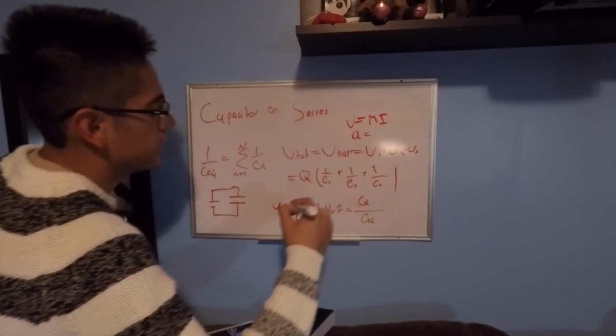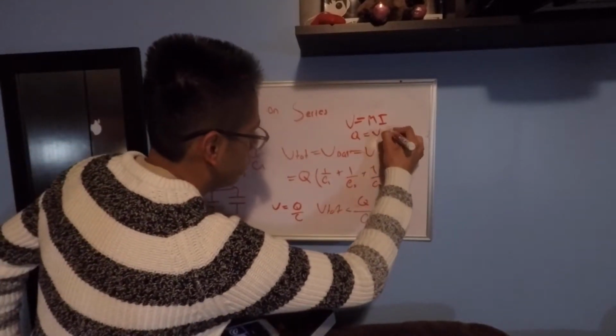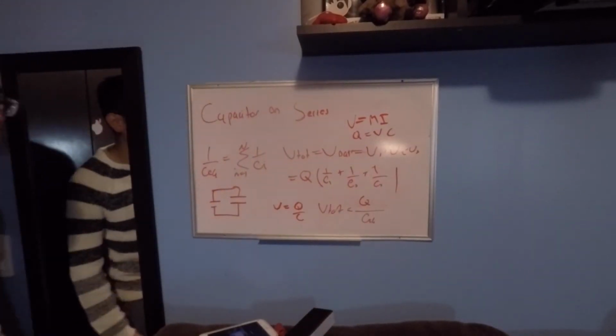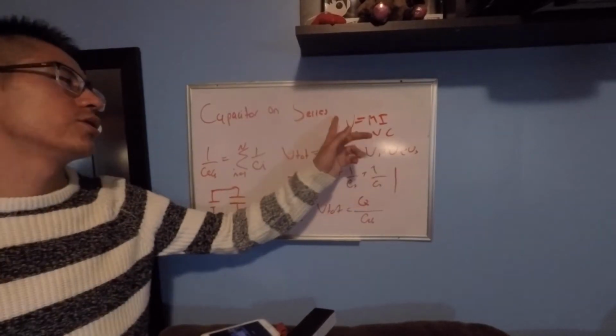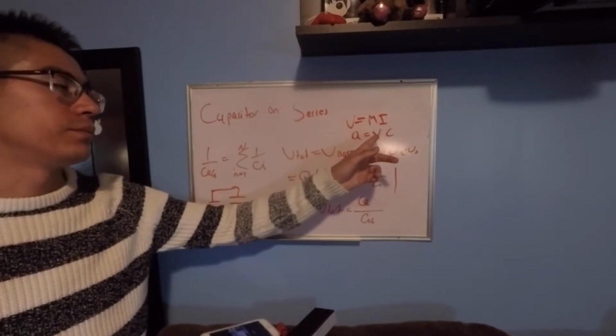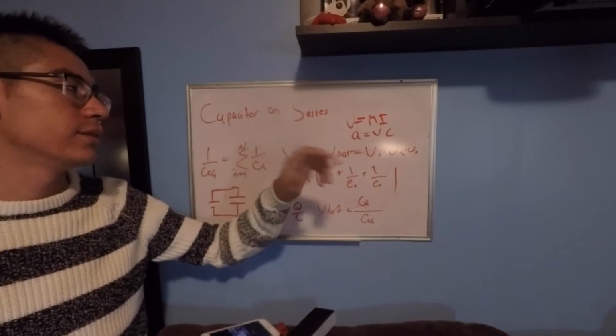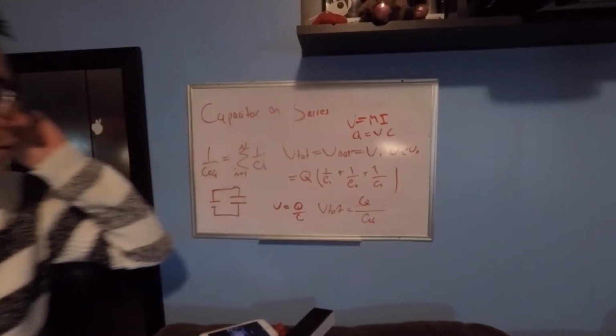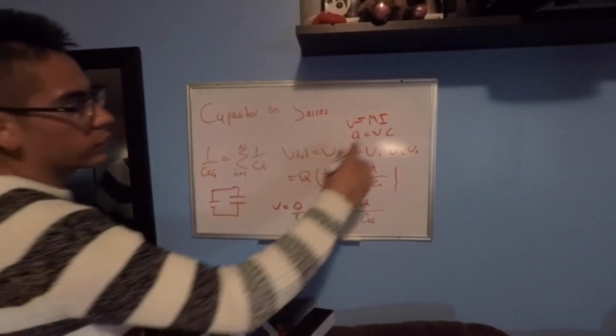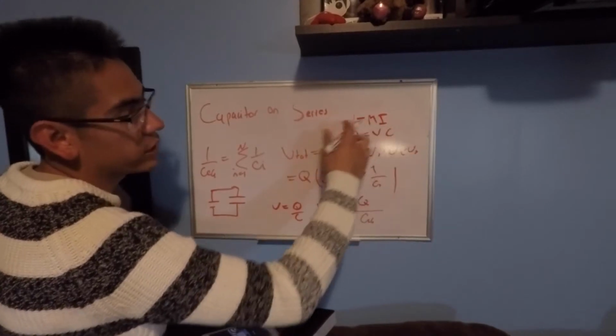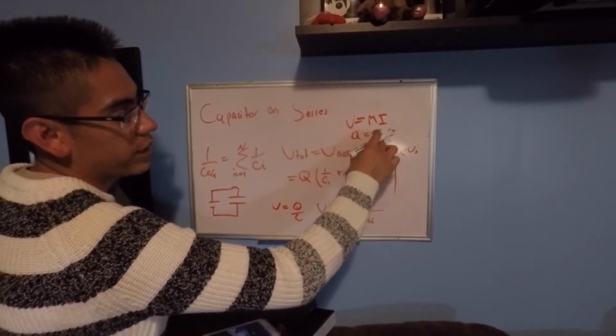But when you get this one, the voltage isn't really linear. So we have that Q is inversely proportional because of this.